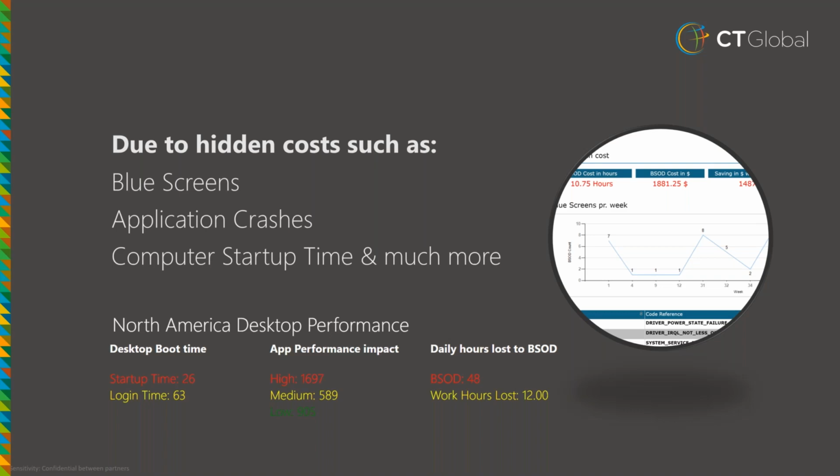So do you gather information about your blue screens? Do you know if you have more blue screens on one hardware model compared to another? Do you know if you have more application crashes in Asia Pacific compared to North America? And also, do you know how long it takes on average for a machine to boot up, for a machine to log in, and so on and so forth?